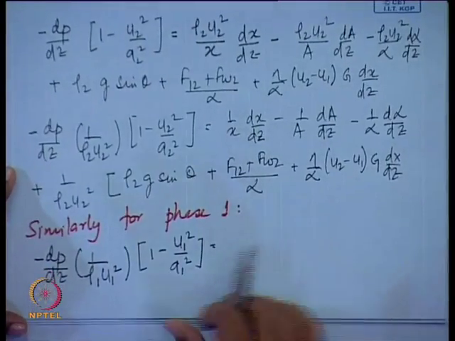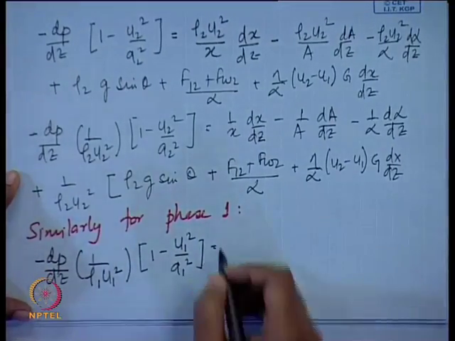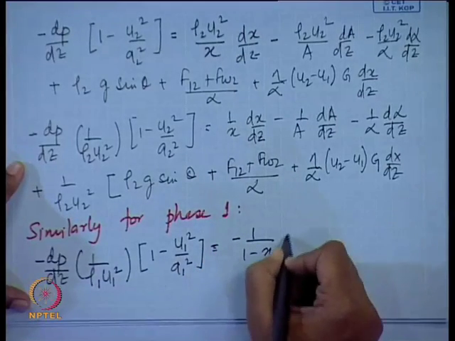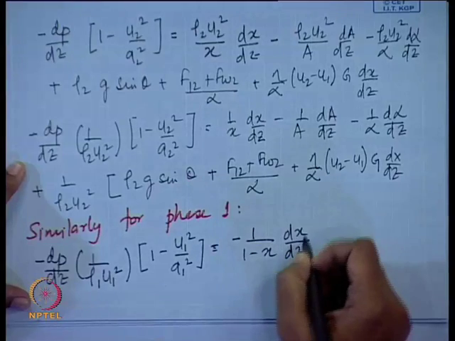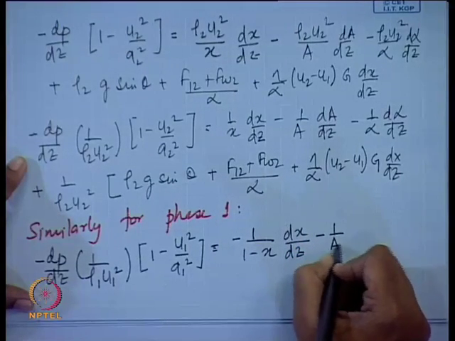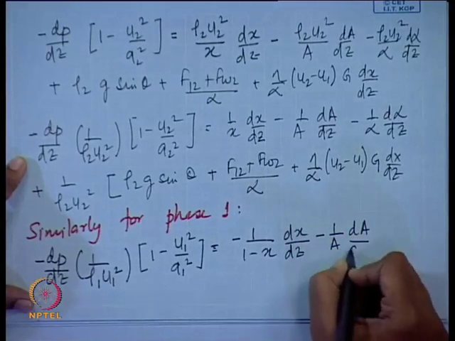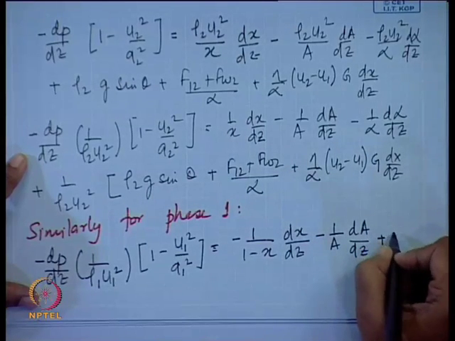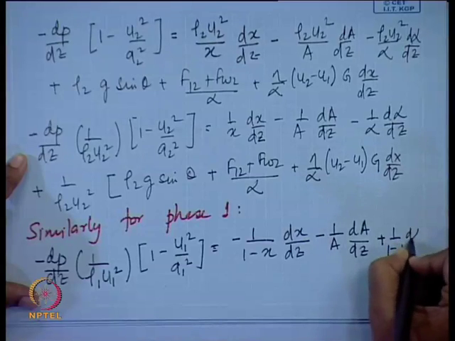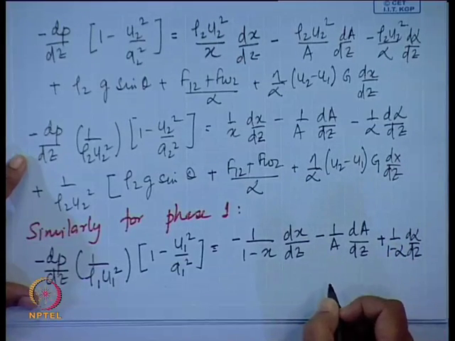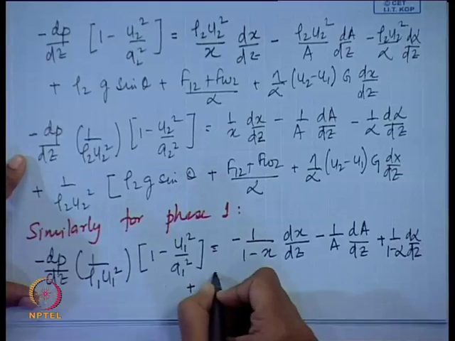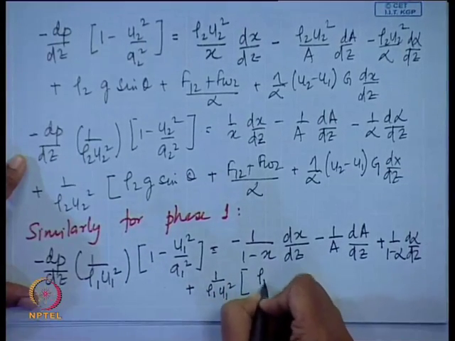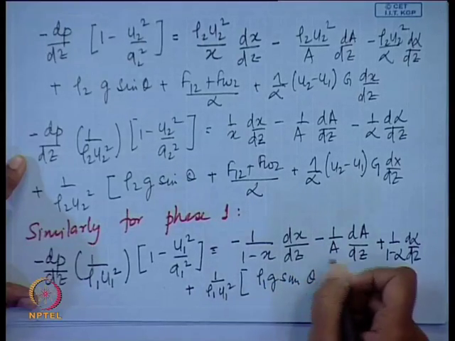Okay. So in the same way if we write it down, just look out whether I am making any mistakes or not. So it becomes minus 1 by 1 minus x dx dz minus 1 by A dA dz, then plus 1 by 1 minus alpha d alpha dz, plus 1 by rho 1 u1 square, rho 1 g sin theta.